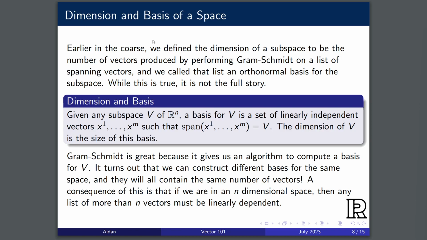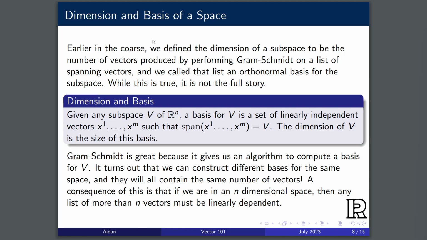For instance, Gram-Schmidt produces a basis, as we've proved. The standard basis for Rn is a basis of Rn. And the dimension of V is the size of that basis.